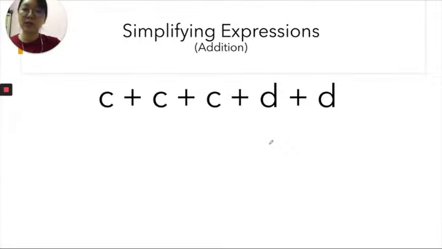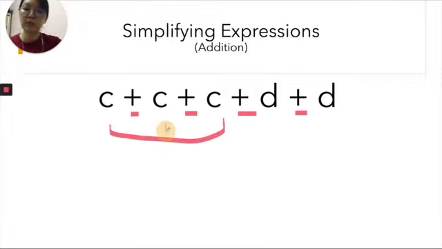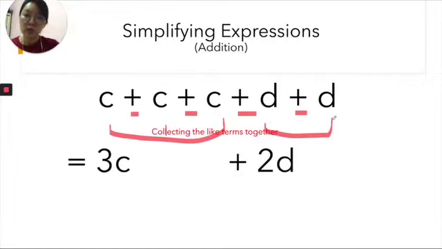Simplifying expression in addition. So all these are addition. So I have C and I have D. C plus C plus C plus D plus D. I group the like terms together. So C are all like terms, and D, they are like terms too. So it becomes 3C.